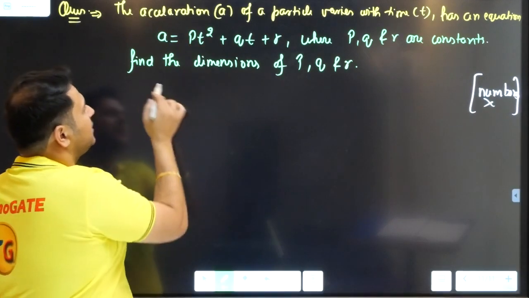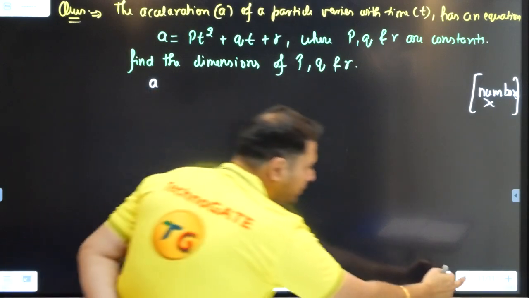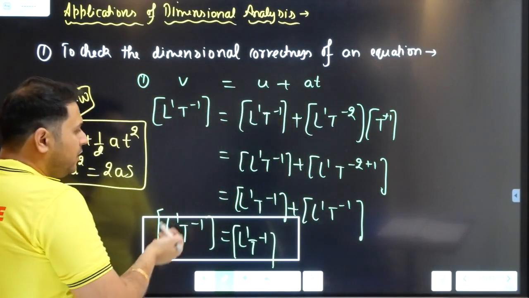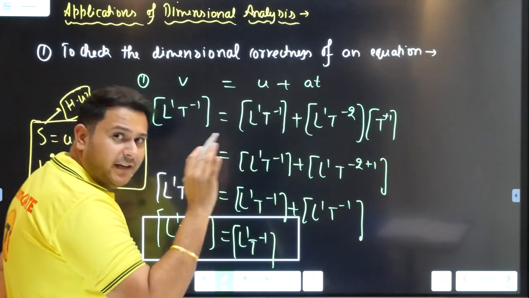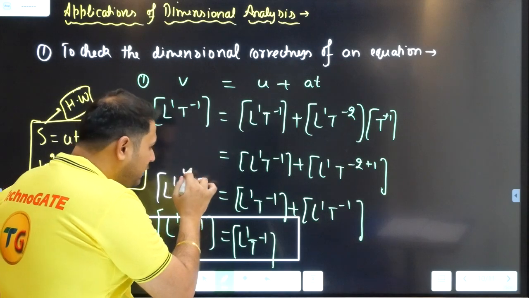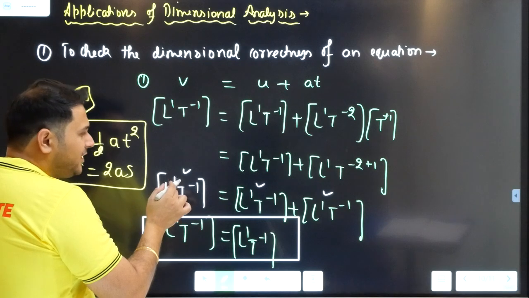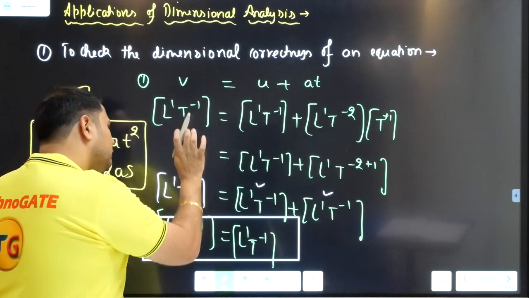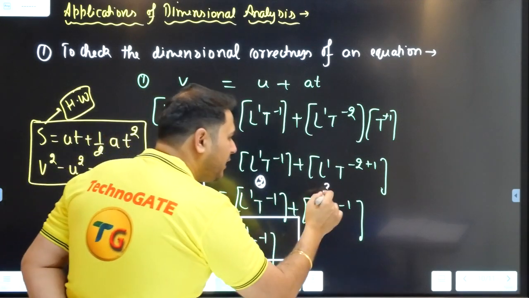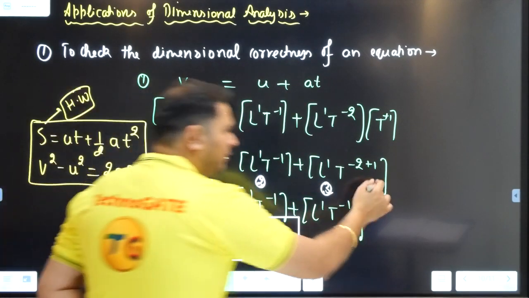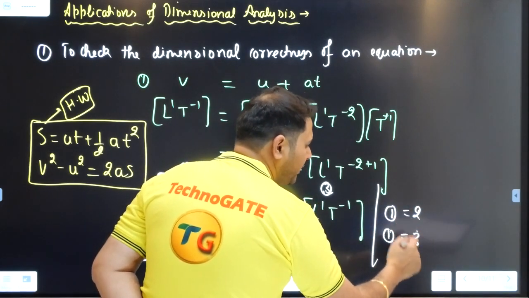In these conditions, you will be equating, see, I told you, let us see this particular analysis when we did this. Now, here it was L1 T minus 1. You can see it very clearly, this value is equal to this value and also this value. So this 1 is equal to 2 and also equal to 3 separately. What I am trying to say, 1 is equal to 2 and 1 is equal to 3 also.